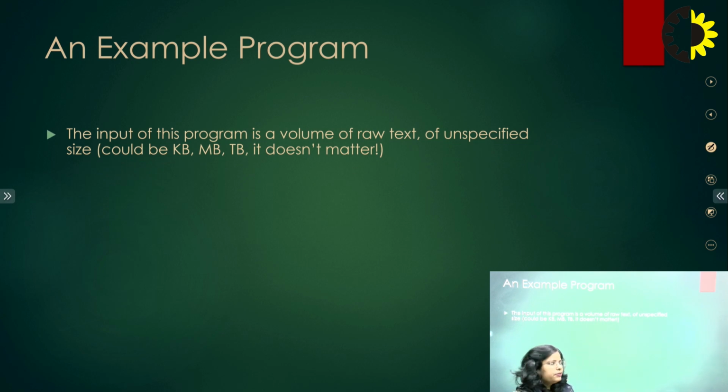In MapReduce we have an input, and this input is of type text. This input can be of any size, like KB, MB, or TB, meaning size does not matter. We can have high data size or low data size.